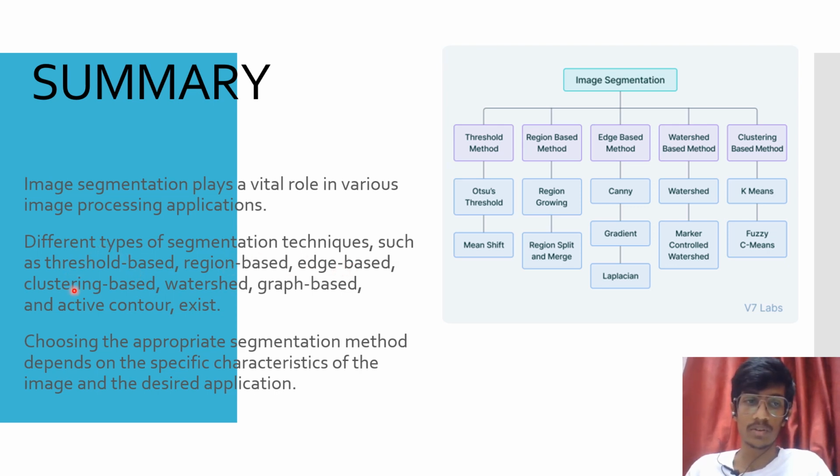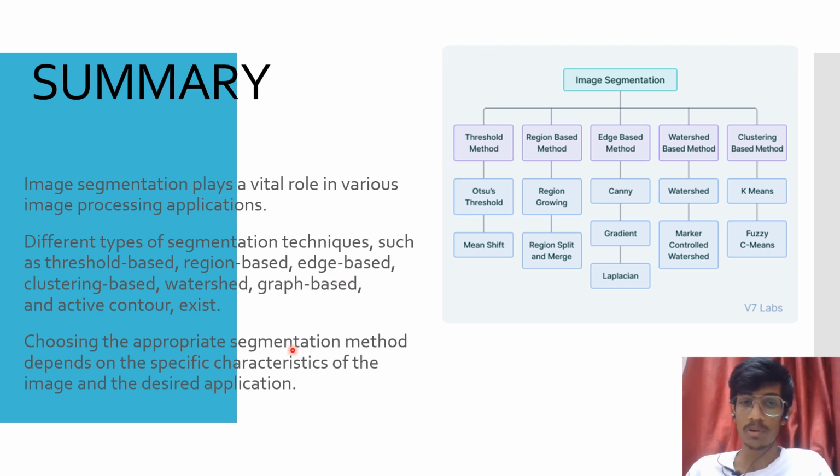Further there are cluster-based, watershed, graph-based and some other techniques, but we discussed threshold-based, region-based, and edge-based. Threshold-based is segmentation based on pixels, region-based is segmentation based on colors and textures, and edge-based detects boundaries and edges, and based on those boundaries it segments an image.